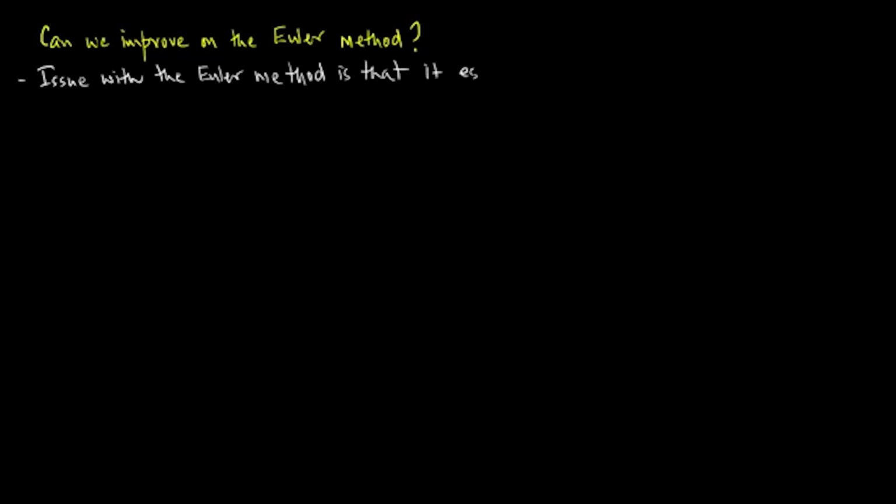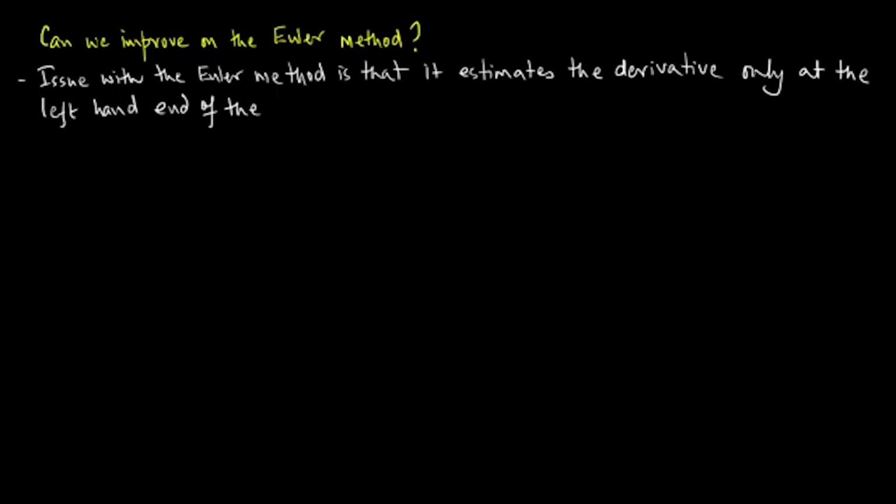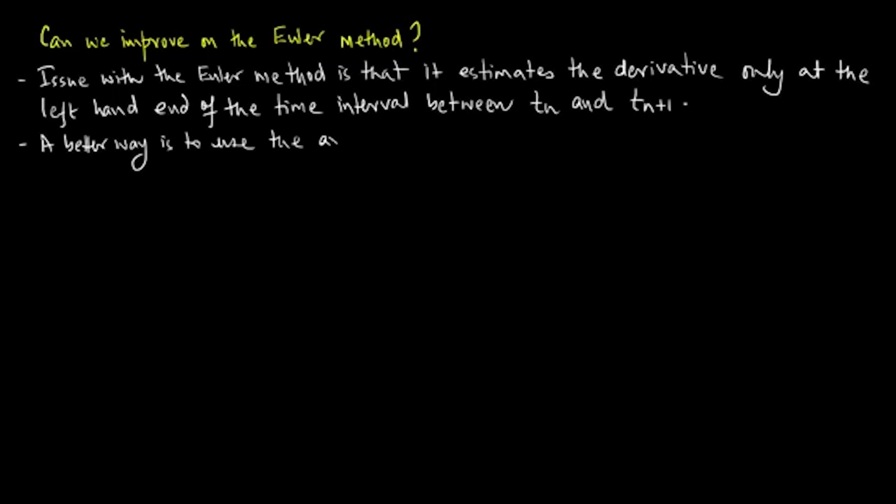So it's natural to ask if we can actually improve on the Euler method. The issue with the Euler method is that it estimates the derivative only at the left-hand end of the time interval between tn and tn plus 1. A better way is to use the average derivative across the time interval.